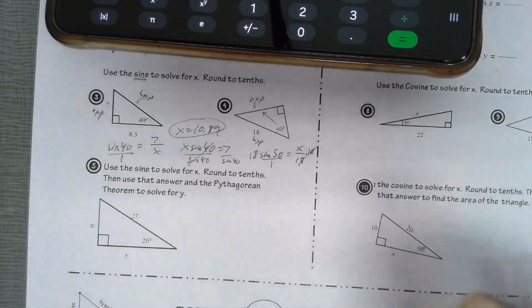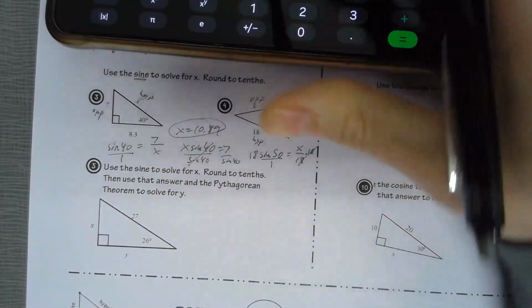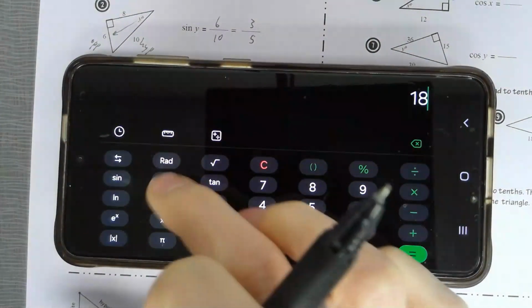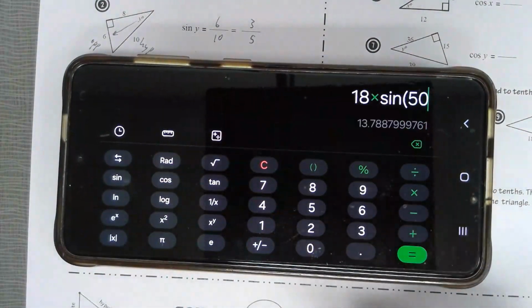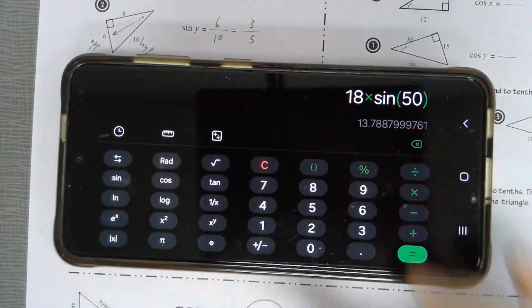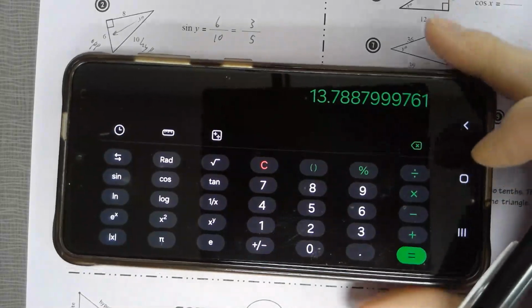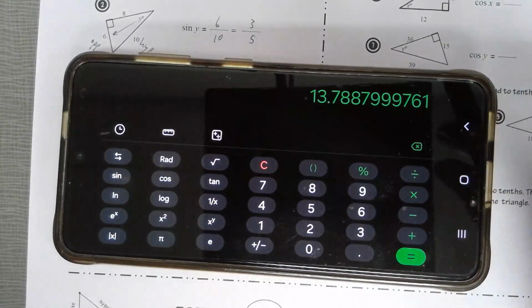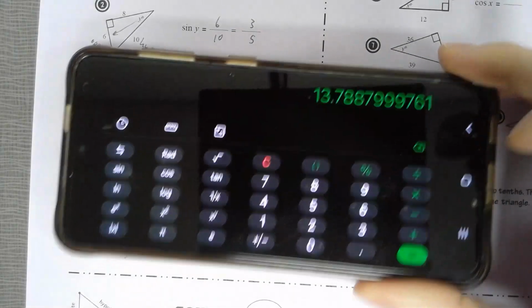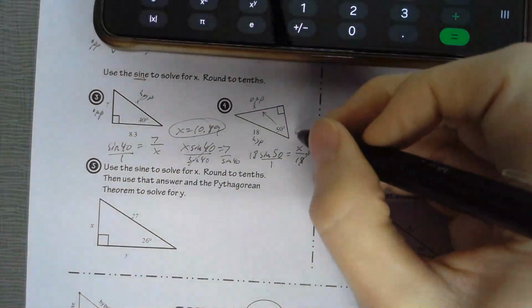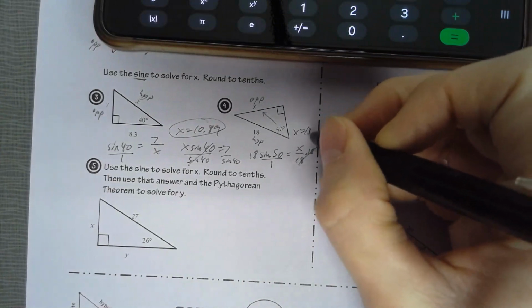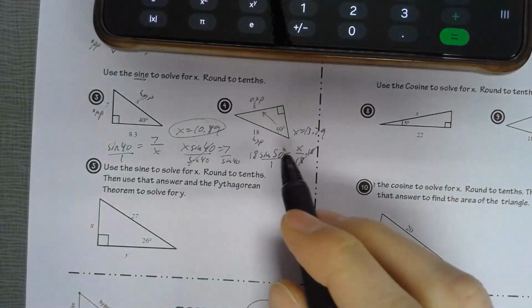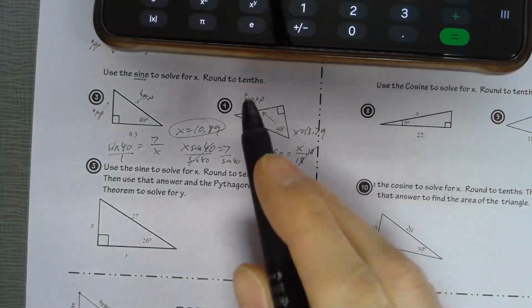If I type in my calculator 18 times the sine of 50, I get 13.78. So I'll round that to the nearest hundredth, 13.79. So x in this case is 13.79.